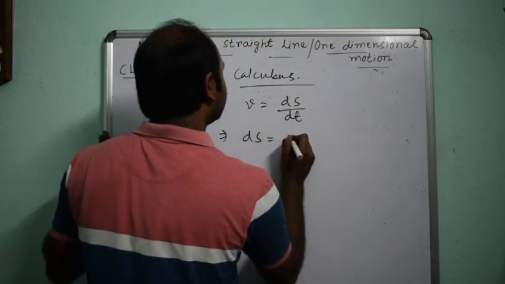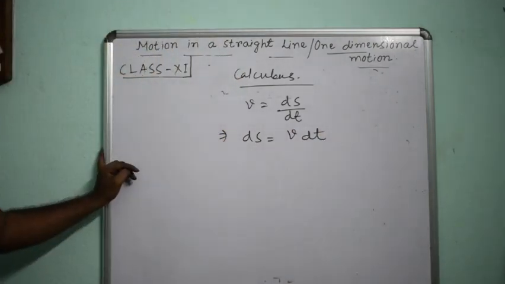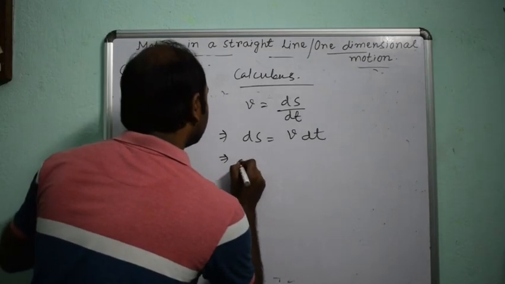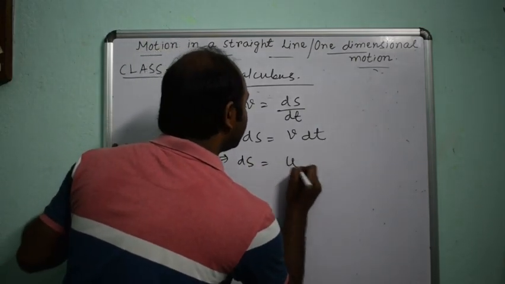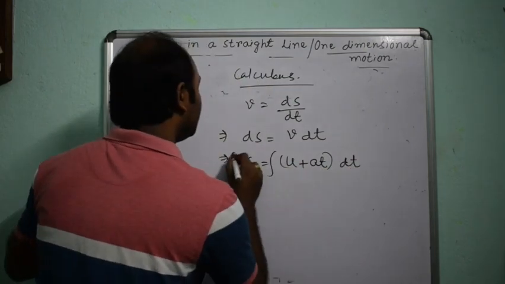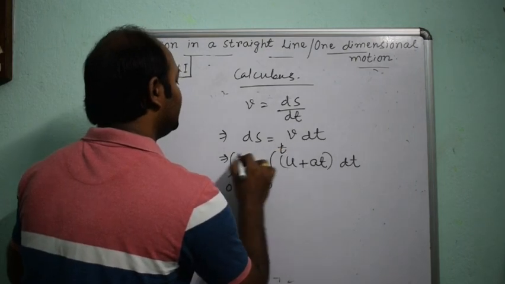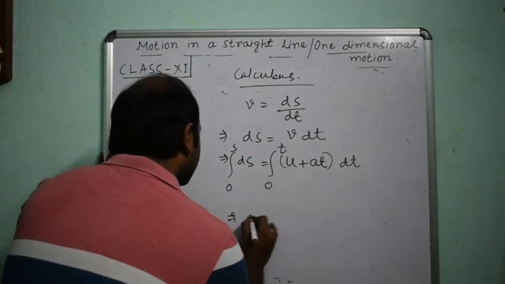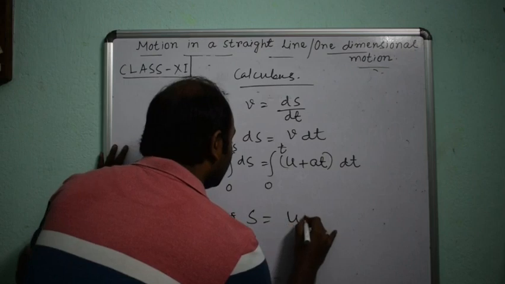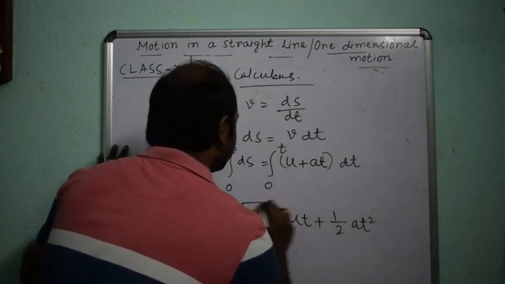So ds equals to v dt. v means u plus at, dt. So my time is 0, displacement is 0, time is t, displacement is s. So if you integrate, this will be s equals to ut plus half at square.